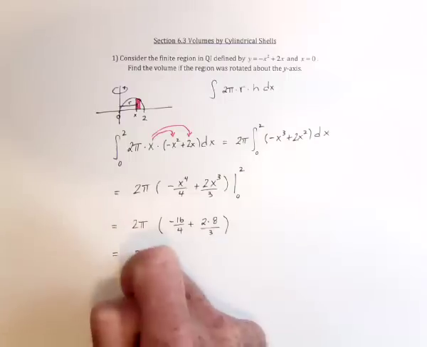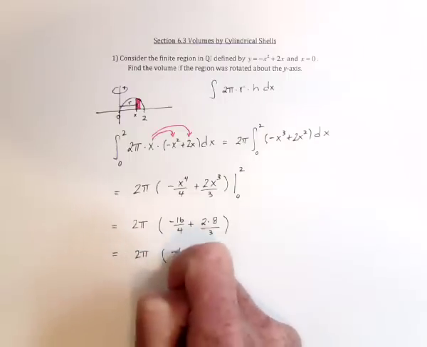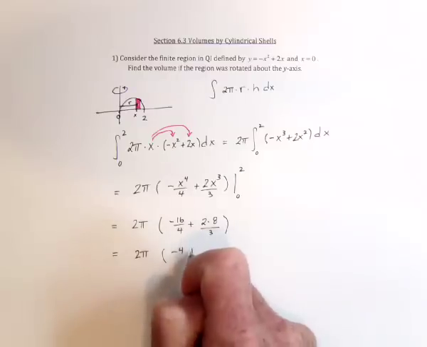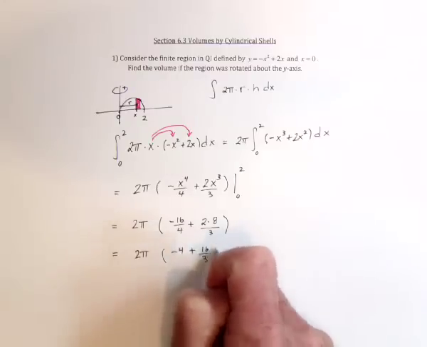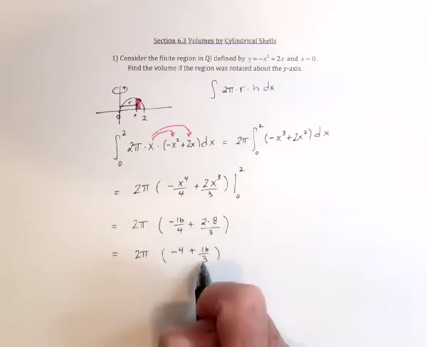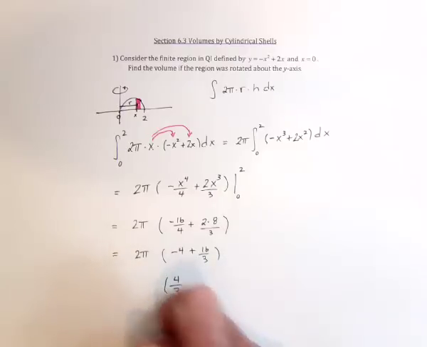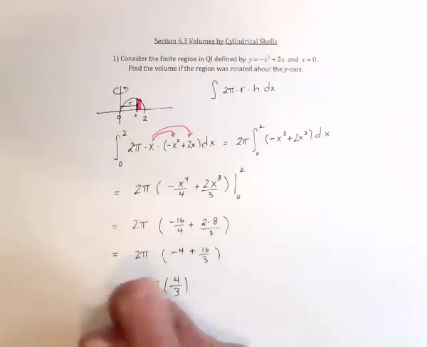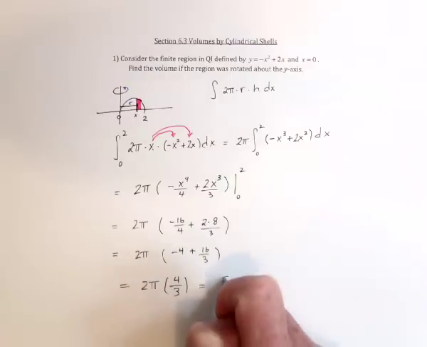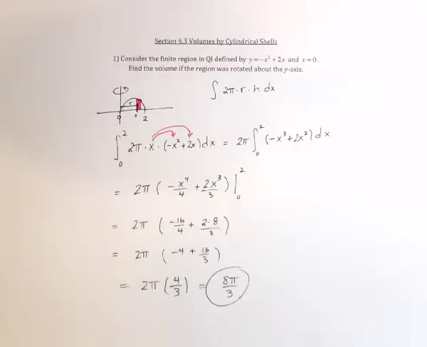So we've got 2 pi and then negative 4 plus 16 thirds. So let's see, that would be 12 thirds negative. So 12 thirds negative and 16 thirds positive is 4 thirds positive times 2 pi, or in other words, 8 pi over 3. And there's the volume for the top of a bagel.